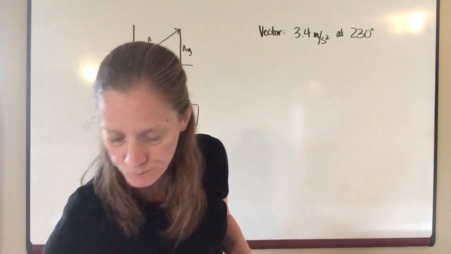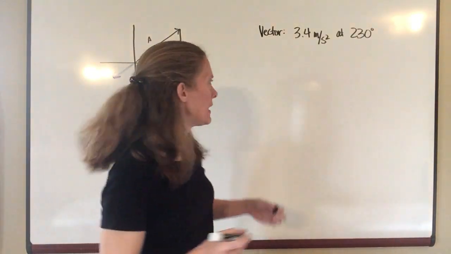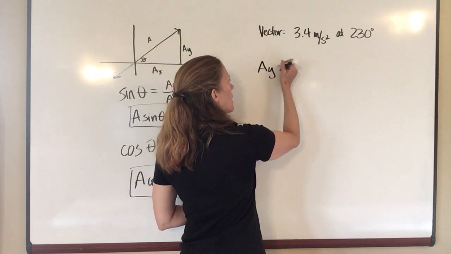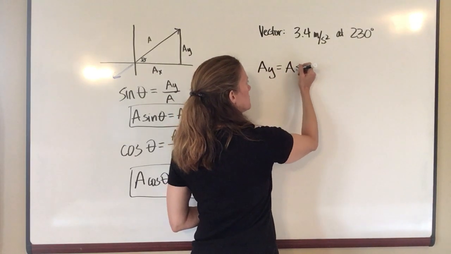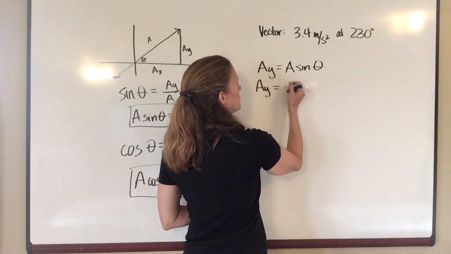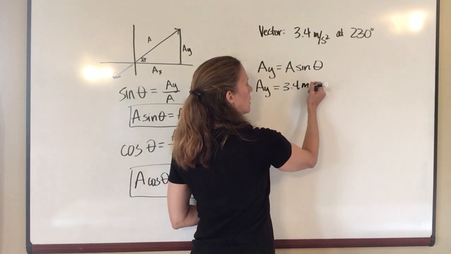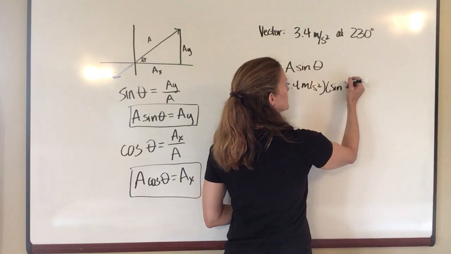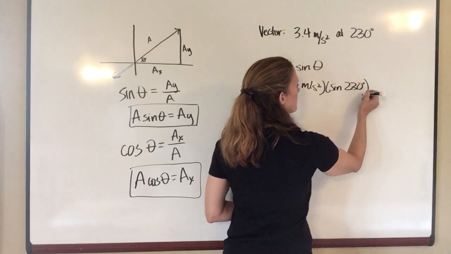And so if I don't get a negative answer for both my x and y components, I've probably made a mistake someplace. Okay, so if I want to calculate the y component, I'm going to take A times the sine of theta, and so that's going to be 3.4 meters per second squared times the sine of 230.